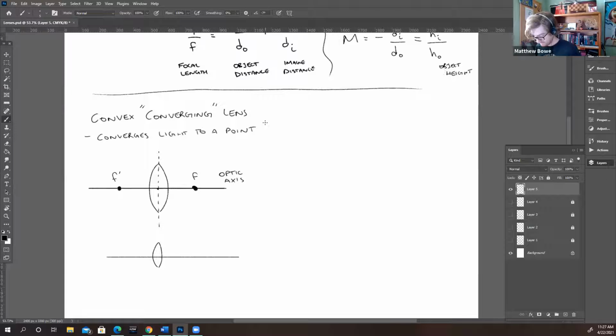If I have a stream of light coming in like this, completely parallel, it will go through the lens and converge. They will all converge at the same point right here, and that is the focal point, where the light focuses to a point.